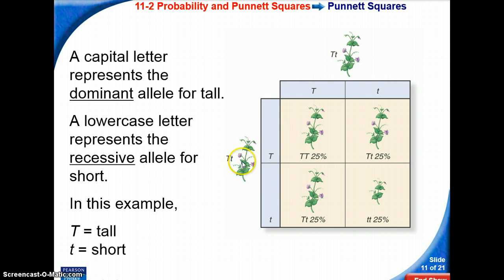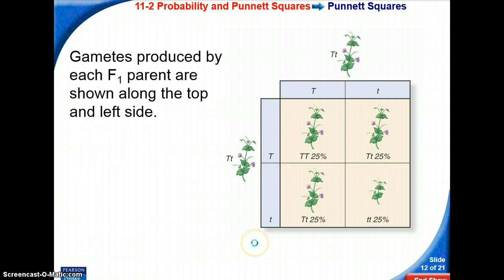Then we take it from the side over here, and we take our tall T and go across this way, and we take our smaller t and go across this way. So these have now been multiplied together to combine to get 4 new plants. The gametes that are produced by each F1 parent are shown along the top and left side. Like I said, we put them along the top and along the left side.